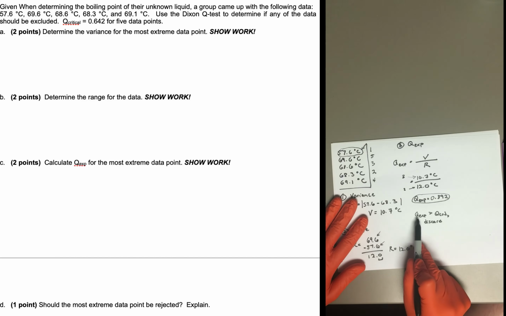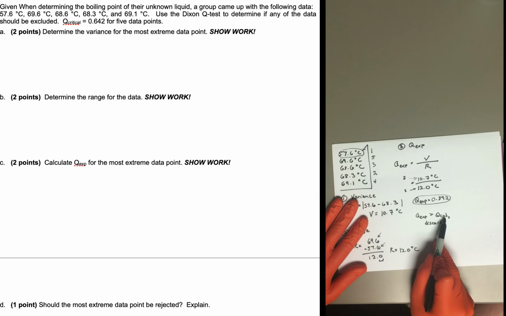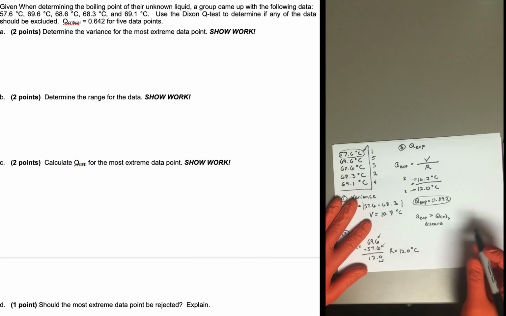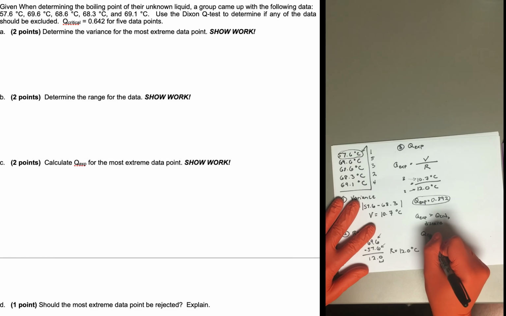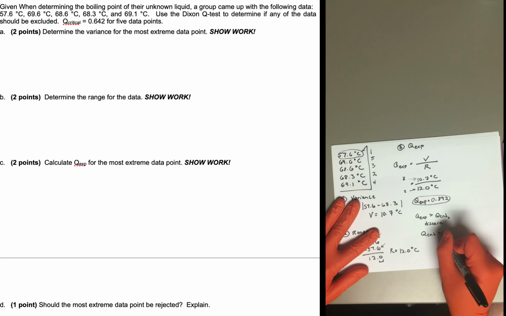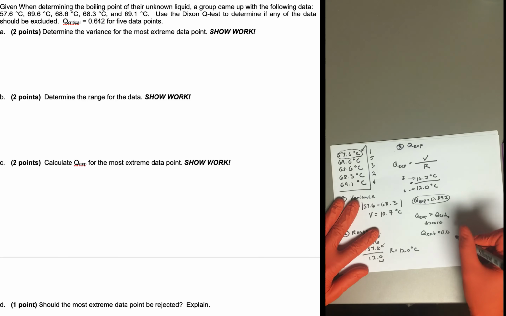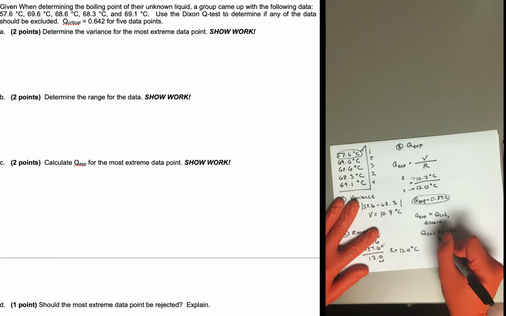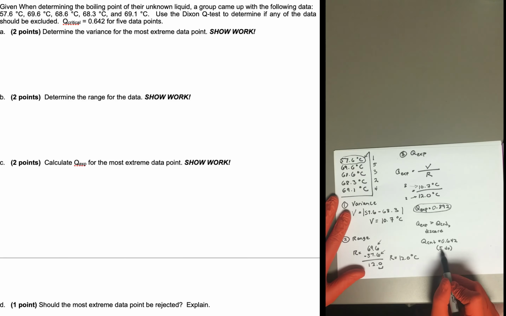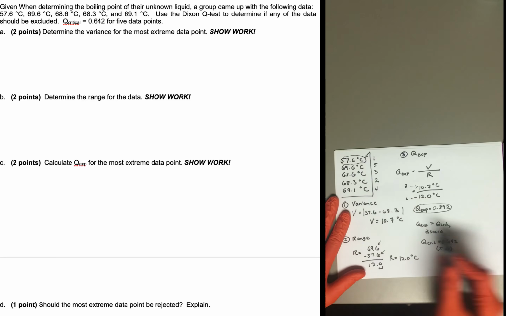However, if it were the reverse, if Q experimental were less than the critical Q, then we would have to be forced to keep the point. And in this case, our critical Q, which is given to us in the problem, is 0.642. And this is the critical Q when we have 5 data points, okay? We could look this up in the table. However, in the problem it's given to us because we have 5 data points.